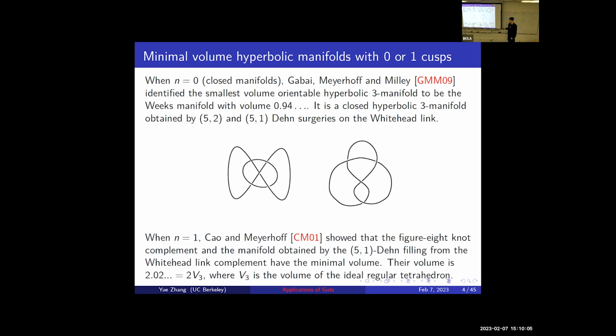And then when n equals 1, the figure-eight knot complement and another manifold have the minimal volume, and the volume is 2.02, which is 2v3, where v3 is the volume of the ideal regular tetrahedron. These are very classic results.